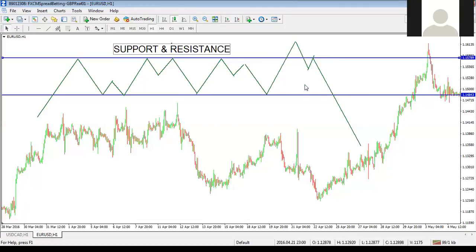It's not always going to work out for you. What you've done is right. You've waited, you've set an order above the resistance zone, so if it does break out, that's not a bad trade at all. It's just not gone in your favour. It's either going to work for you or work against you. Market owes you nothing, so that's just the name of the game. But that's what we call a breakout.